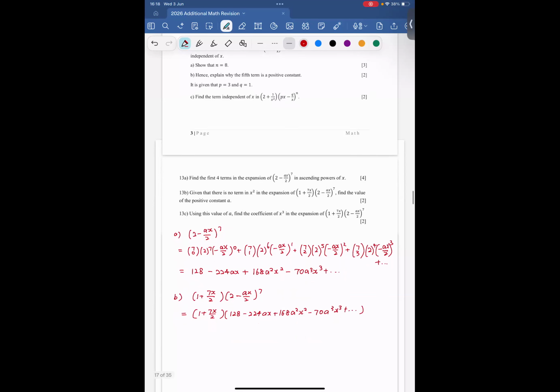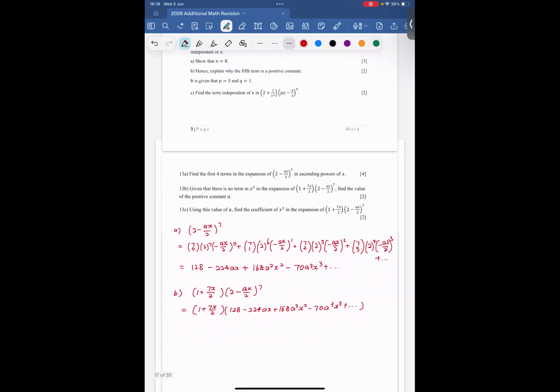My x squared term is what? This times this will give me my x squared. So 7 over 2 times negative 224a will give me my x squared. Next, 1 times 168a squared will also give me an x squared term. And they say that there's no x squared term, so when I take this plus this, it must be equal to 0.